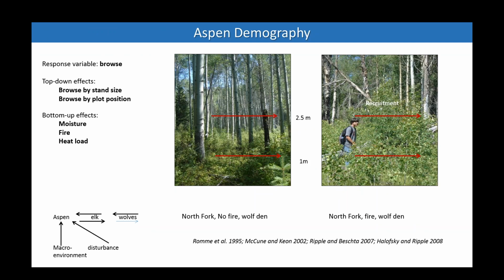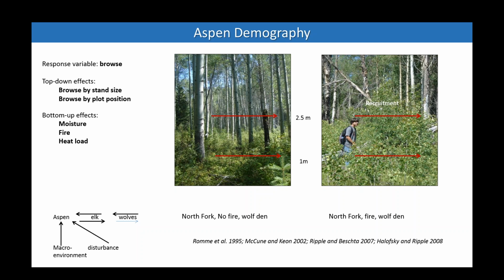Part of that area burned, and part of it did not burn and had not burned since the 1800s. All the other factors were the same. It's the same stand of aspen; just a portion of it burned and the other portion did not. And you can see the difference. The aspen that are recruiting above the browse height of elk are only doing so in the area that had fire. And this had an ultra-high density of wolves present.